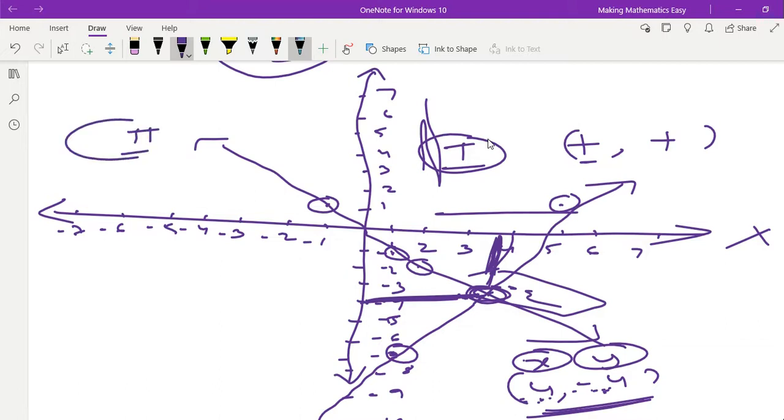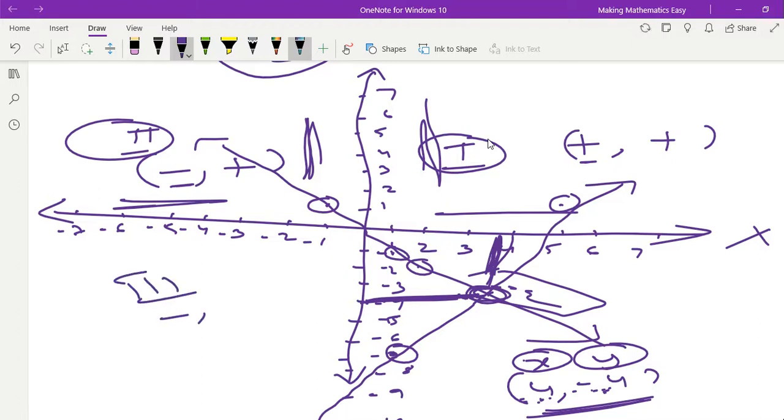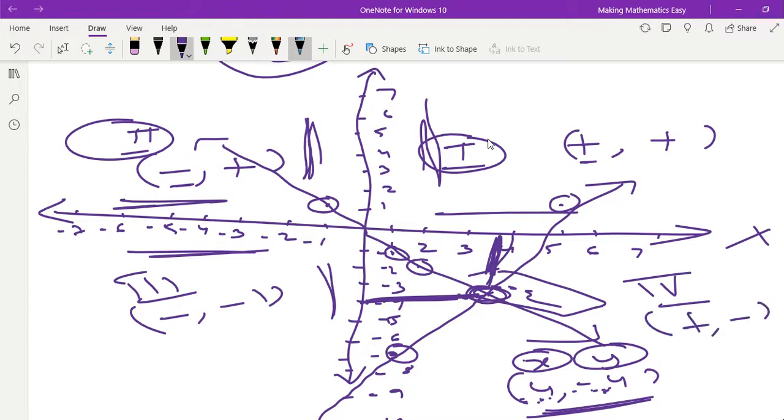This is your second quadrant, which is negative and positive, so your x coordinate is negative, your y coordinate is positive. This is your third quadrant, negative, negative: x coordinate is negative, y coordinate is also negative. And this is your fourth quadrant, which is positive and negative, meaning x coordinate is positive, y coordinate is negative.